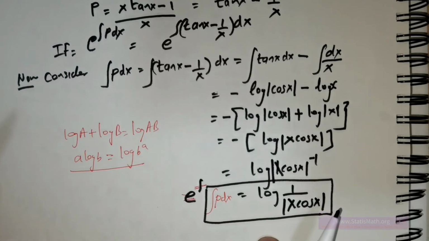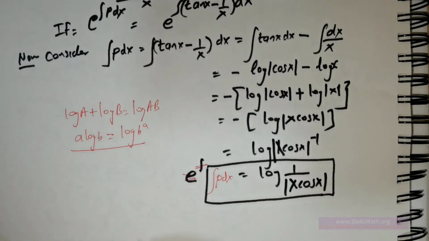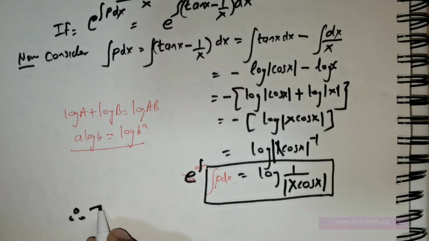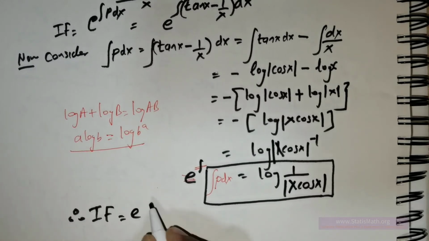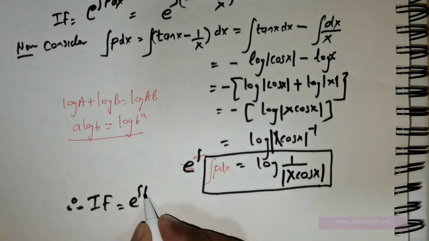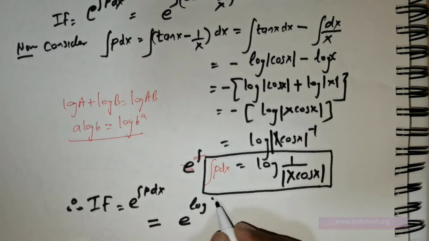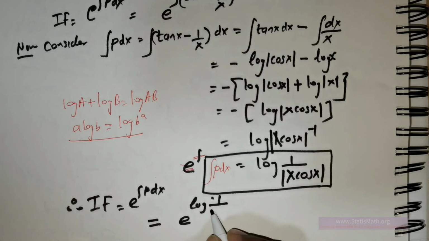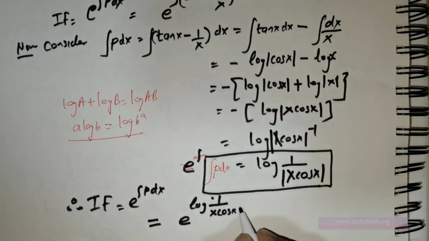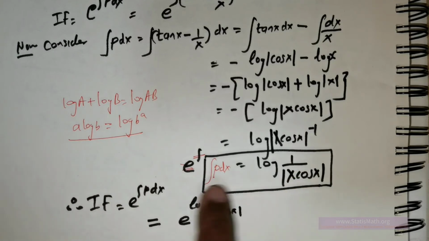Okay. Now we need to obtain the integrating factor. Therefore, the integrating factor, which is e raised to the power integral p dx, is equal to e raised to the power log of 1 over x times cos x with a modulus sign. Okay, this is what we have got. So just place this value on the head of e.